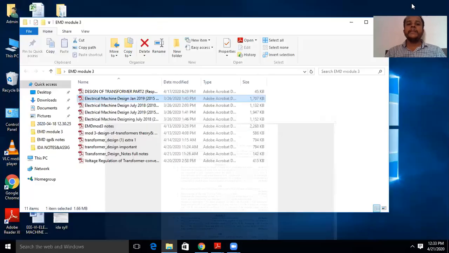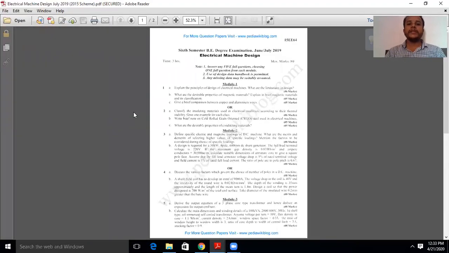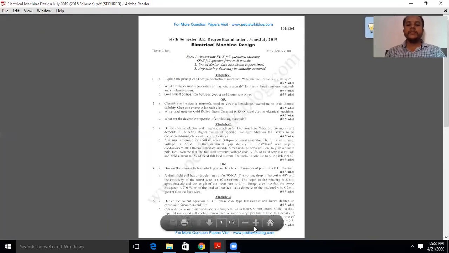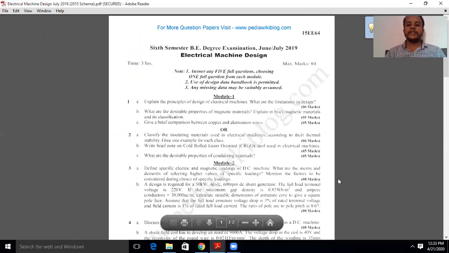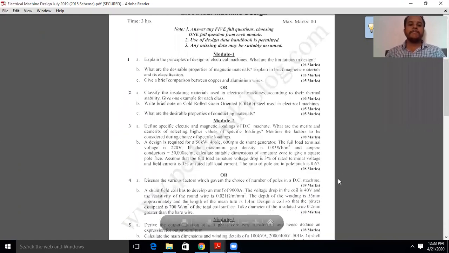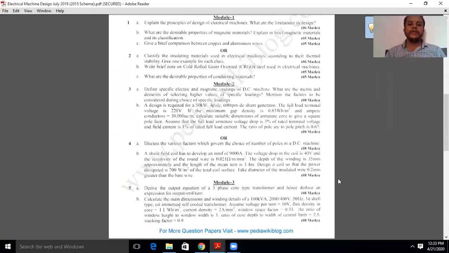So now, if I take this particular question paper, in this case, you will see some examples. Again, here in this case, derive output equation of three-phase core-type transformer is asked.